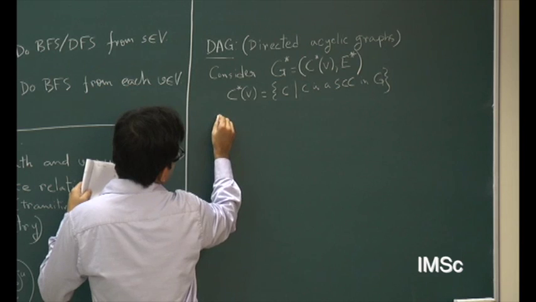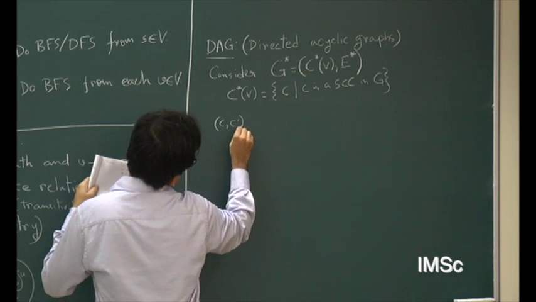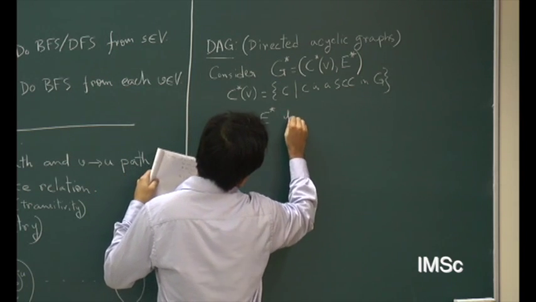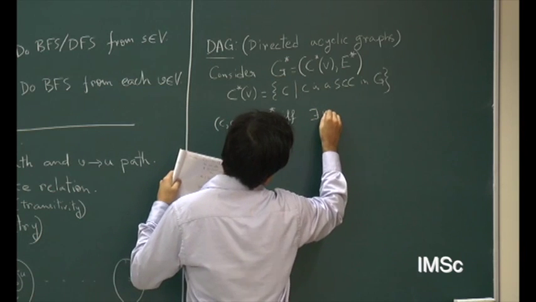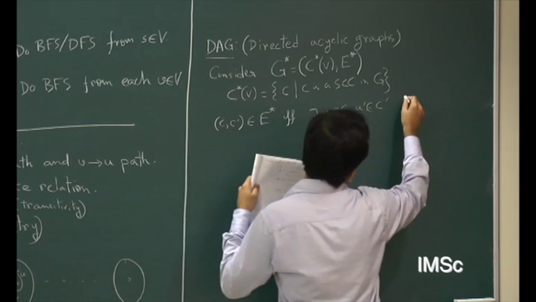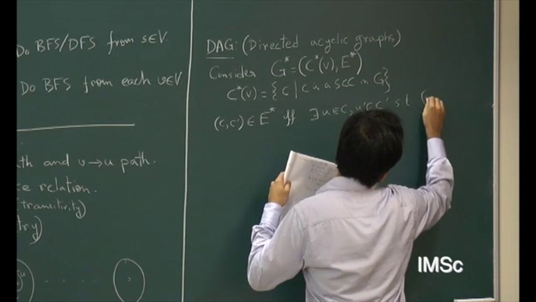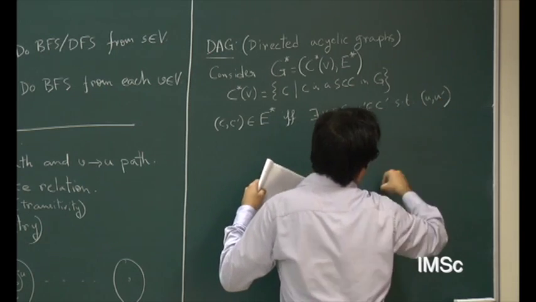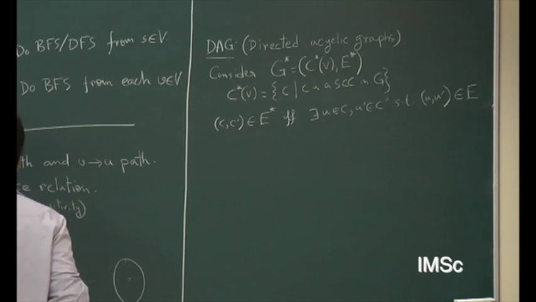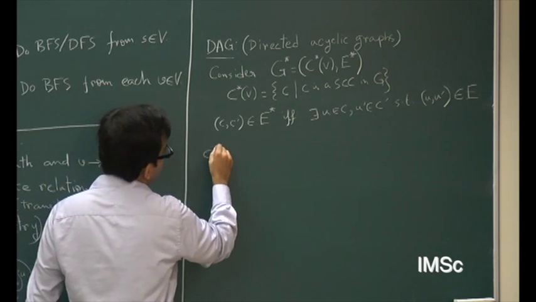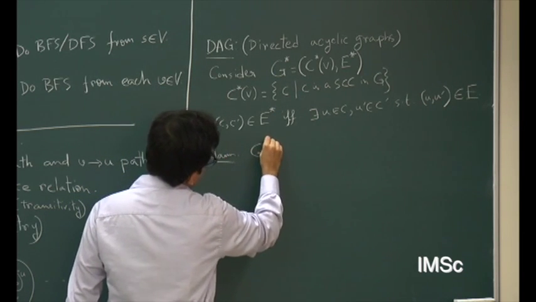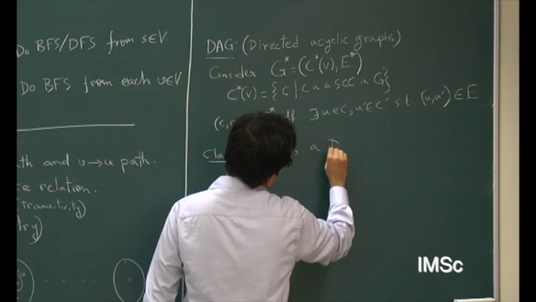And there is an edge, say from C to C prime, if and only if there is a node U in C and a node V in C prime such that there is an edge from U to V in the original graph. So this is the graph, and the claim is this graph G star is a DAG.